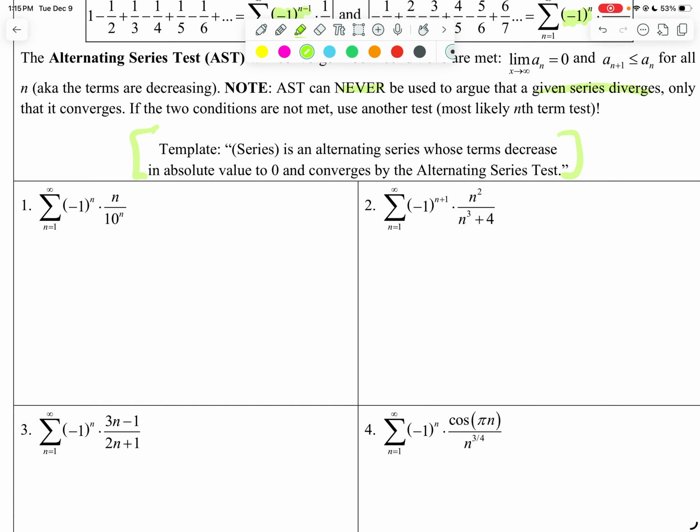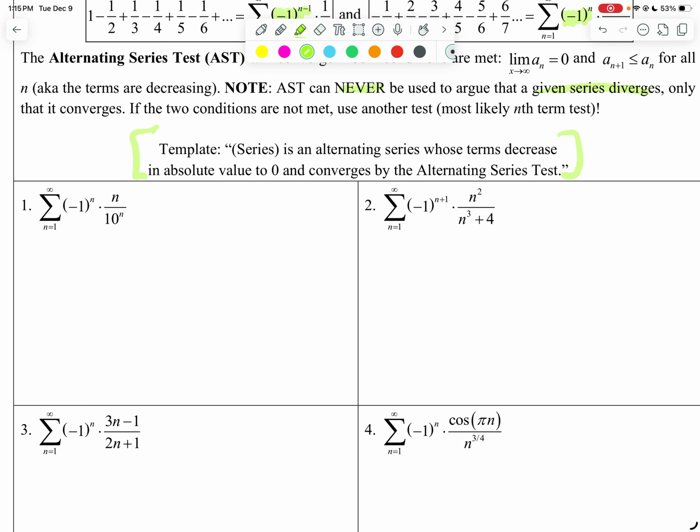Up to now, here's the thing. Just like the integral test, you may or may not be asked to prove that the conditions hold. You might be asked to state the conditions, and that's fine, aka the terms decrease and the limit approaches 0. And if that's good, that's good.